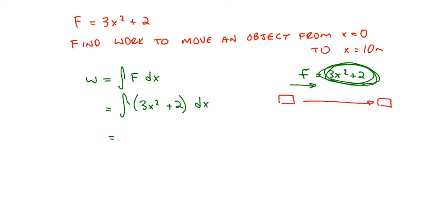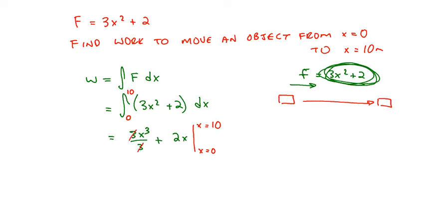It's a polynomial, so to integrate the first term, that would be 3x cubed divided by 3 plus 2x. And I want to integrate that from the limits, and I didn't put the limits in initially, so let me do that now. We are going from x equals 0 to x equals 10. So that's where I want to evaluate between. Those would be my limits of integration.